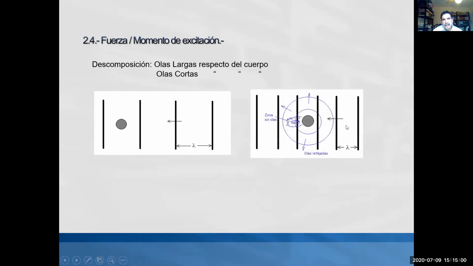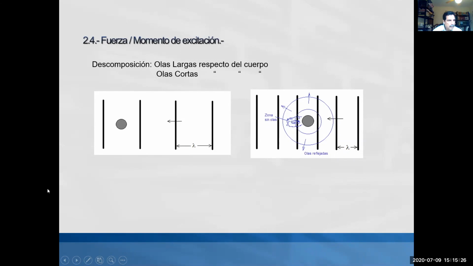And the other is what happens if the wavelength is in the same range as the size of this object. Okay, of course, in this case, these reflected waves will be very important. Also, in the back of this body, there will be a region basically with no waves. So basically here, the crests and the troughs are basically gone.